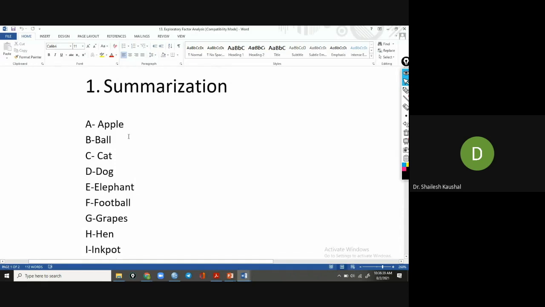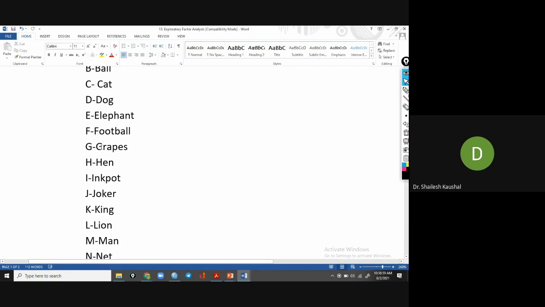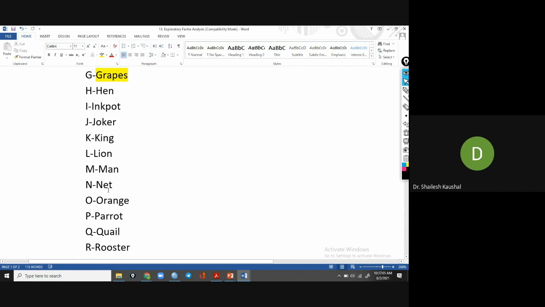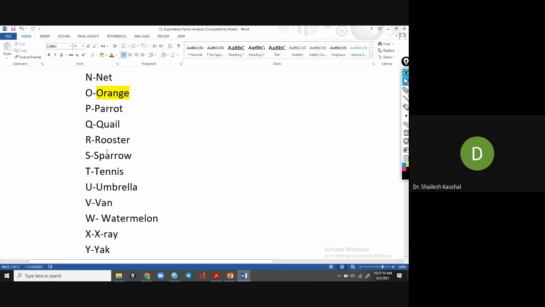Can we take words of a similar nature from here, like apple? Apple is related to fruit. Can we club another variable? Yes, grapes. Then another variable, orange, and watermelon.